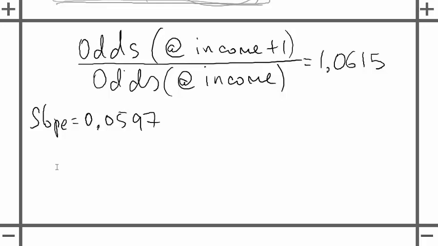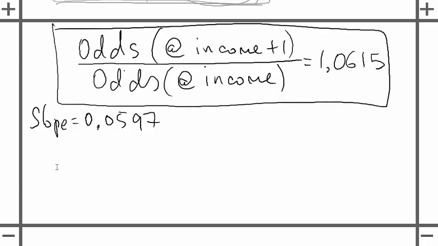Remember the rule that we discussed? If the slope is positive, then an increase in the variable results in an increase of odds. So my odds at the higher salary should be more than the odds at the lower salary. Is that what's happening in this ratio? I have odds at the higher salary divided by the odds at the lower salary. Which number is higher, in the numerator or in the denominator? The ratio is 1.06.